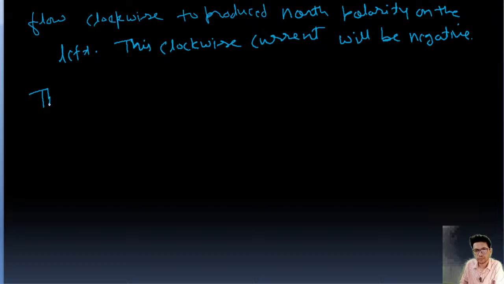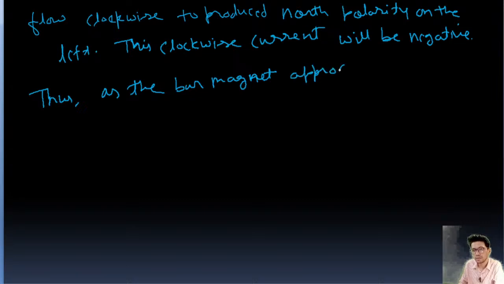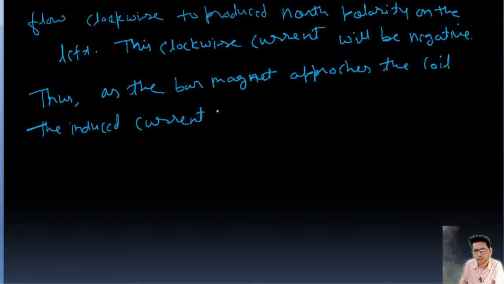Thus, as the bar magnet approaches the coil, goes towards the coil, the induced current will be negative.